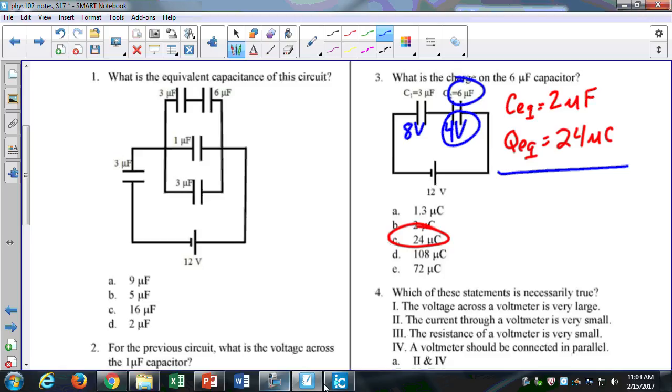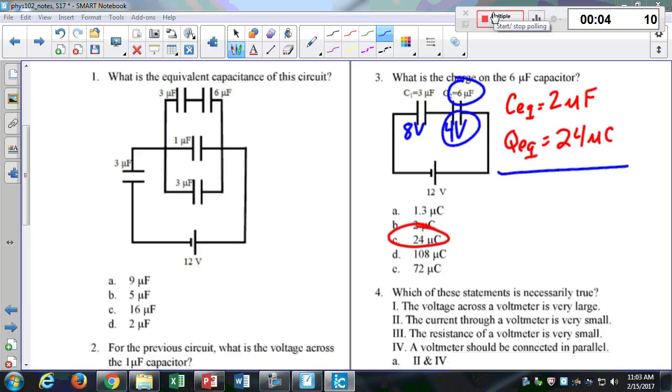Now let's try number 1. What is the equivalent capacitance of this? You want to start with the smallest part that's either parallel or series, and then combine that, and then move outward from there. And if you finish 1, go on to number 2.